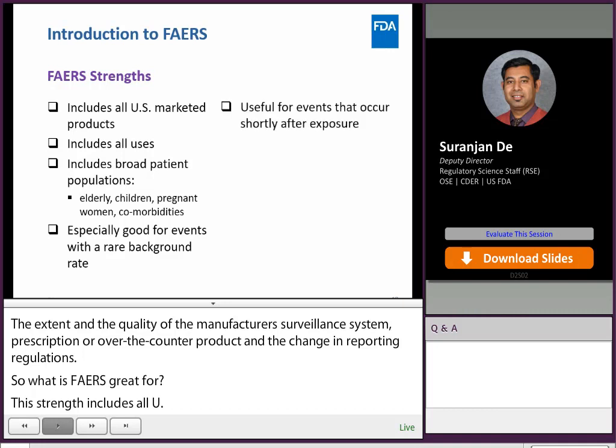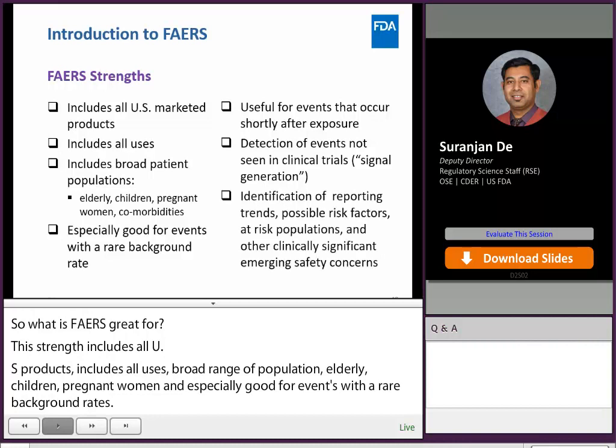It is useful for events that occur shortly after exposure, detection of events not seen in clinical trials, and finally identification of reporting trends, possible risk factors and risk populations, and other clinically significant emerging safety concerns. So FAERS is great for that.